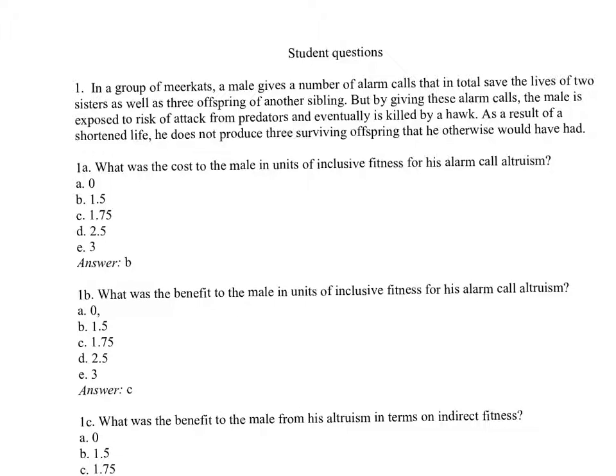Sisters are related to brothers by 0.5. So here we have 0.5, and then B.